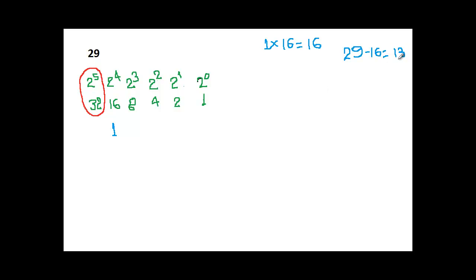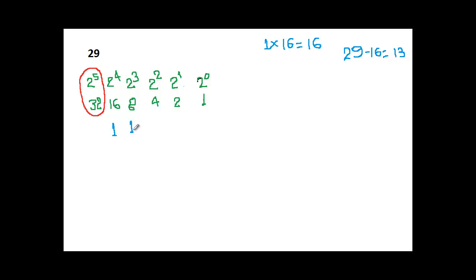This 13, I would compare to the next place value on the right. The next place value is 8. Clearly this is smaller than 13. So I would need this 8 to represent 13. So I place 1 here.